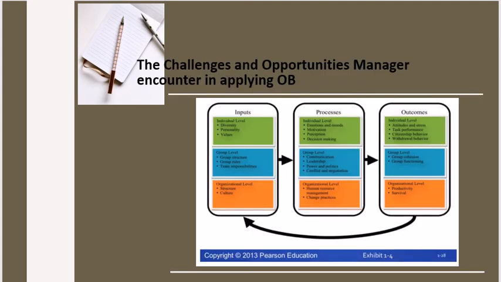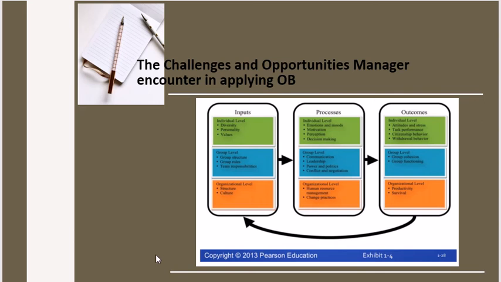Okay, so we have the challenges and opportunities managers encounter in applying OB. So, if you will notice based on the given diagram, this is an IPO, right? So, the input, process, and what will be the outcomes. So, in this IPO, we put different levels. So, our analysis is from different levels.